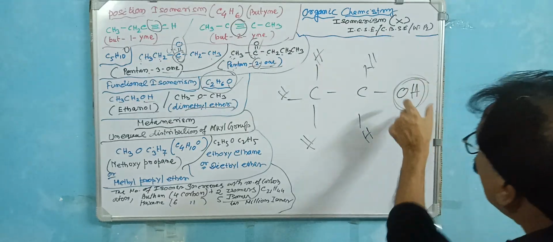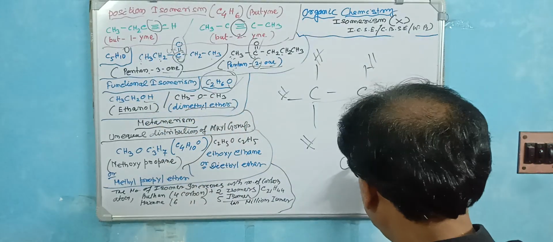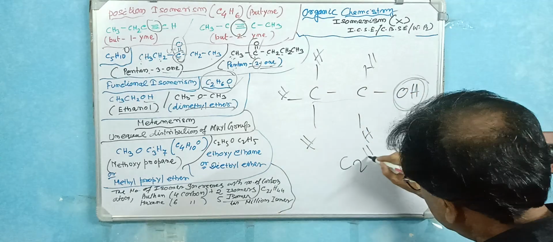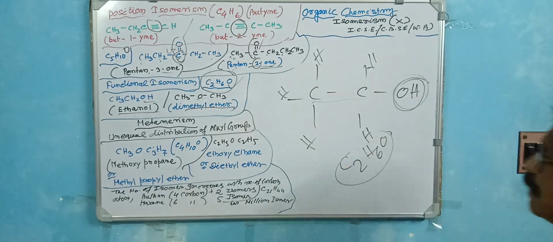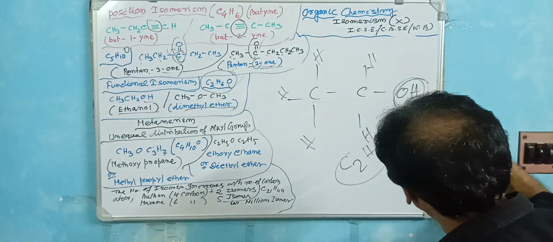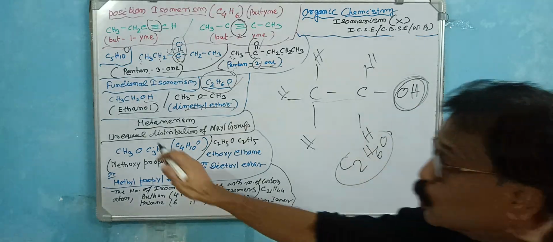The functional group is OH. The total is C2 and hydrogen 1, 2, 3, 4, 5, 6. So this is called ethanol, because there are 2 carbons, ethane as the origin, and the functional group is OH, alcohol. So ethanol.